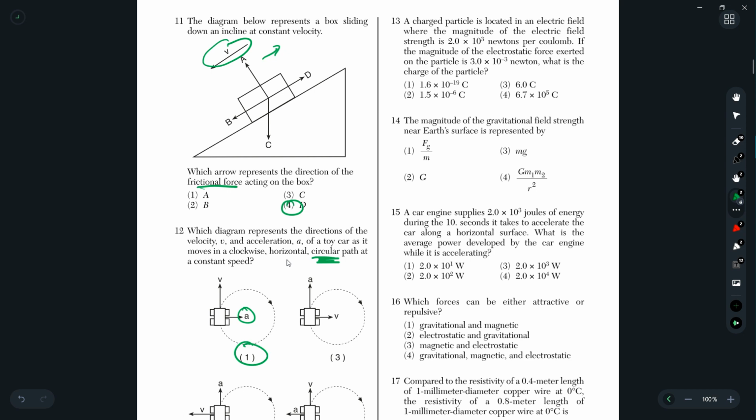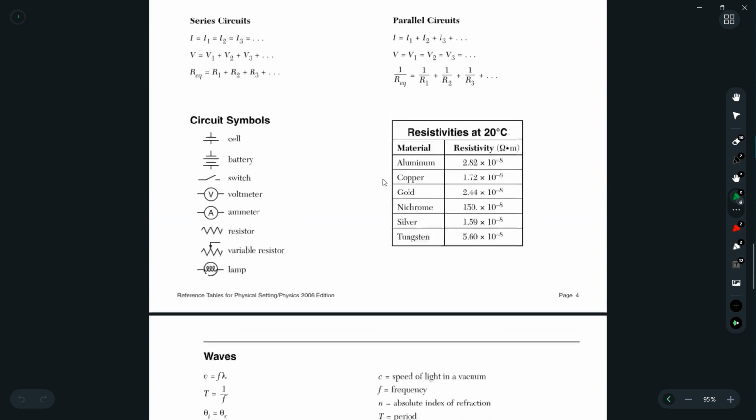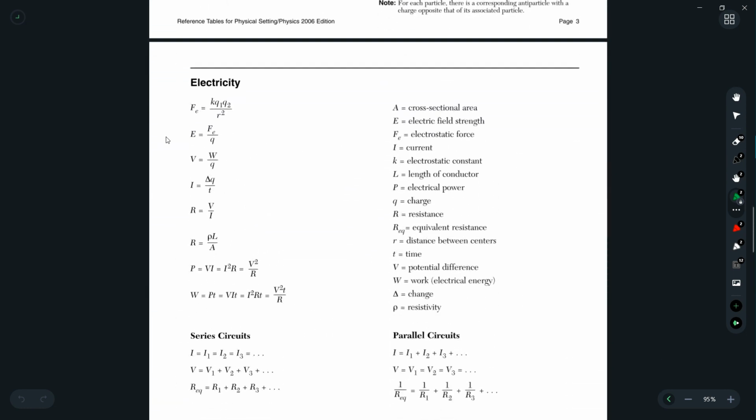A charged particle is in an electric field where the electric field strength is this and the force is this. What's the charge? Okay, so electric field strength, electric force, and charge. That's an electricity question. Electric field strength is force divided by charge.